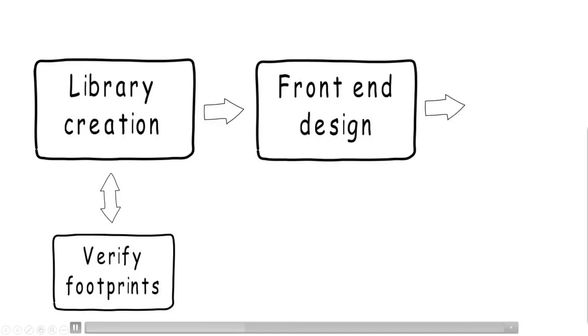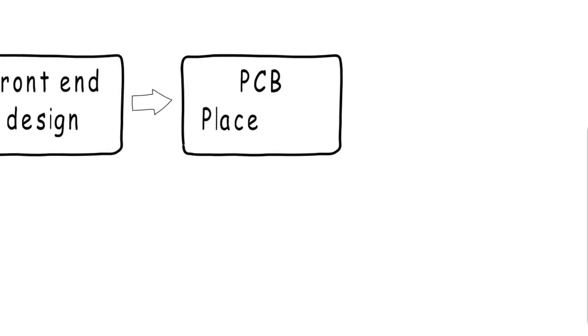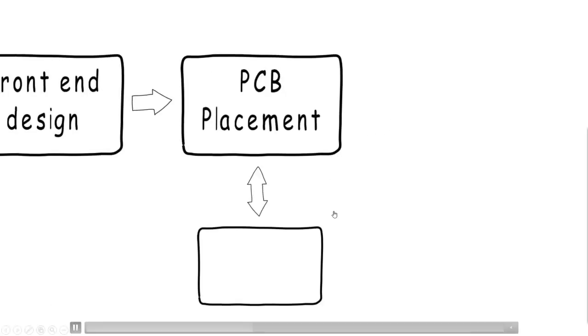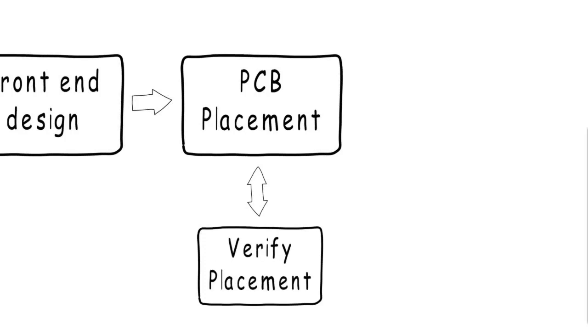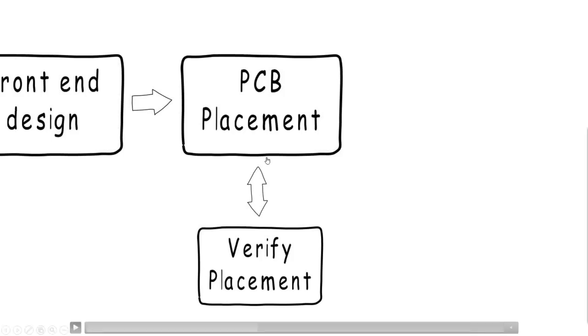So then we move on to the front end design phase as normal. We go to PCB placement, and then once again, we can bring in the validation tools for fabrication and assembly and validate that design before we move on to the next step.